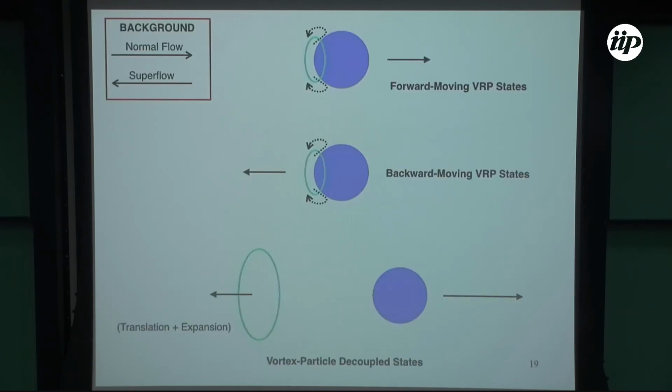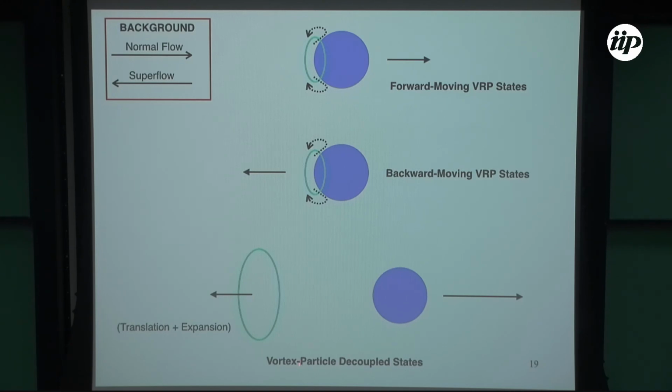Well, you have 3 possible flow regimes here. You can have the particle move along the normal flow direction. Let's call this a forward moving VRP state. VRP stands for vortex ring particle states. The particle and the vortex ring can move backwards, or they can get decoupled.